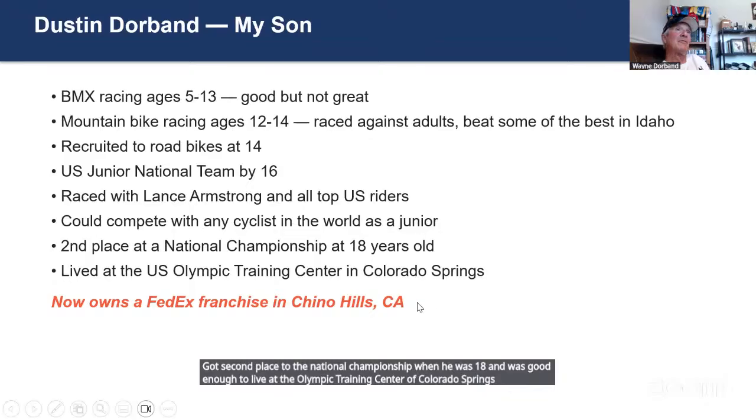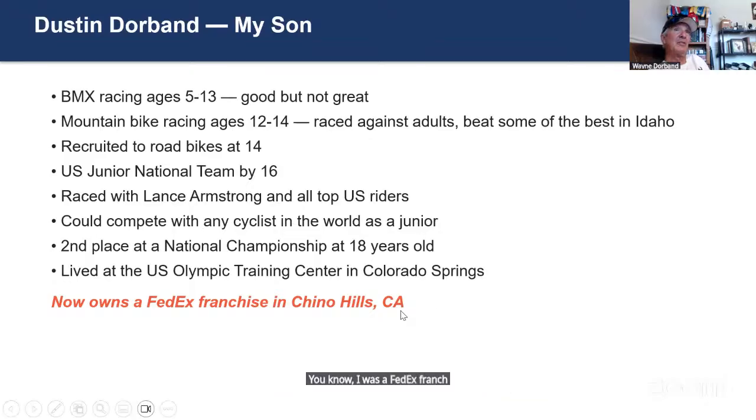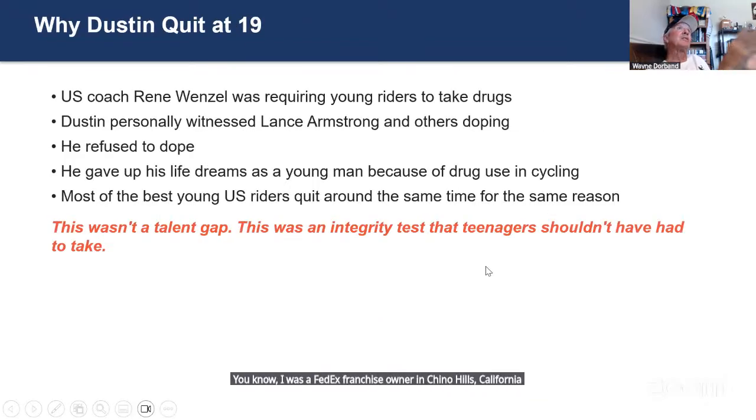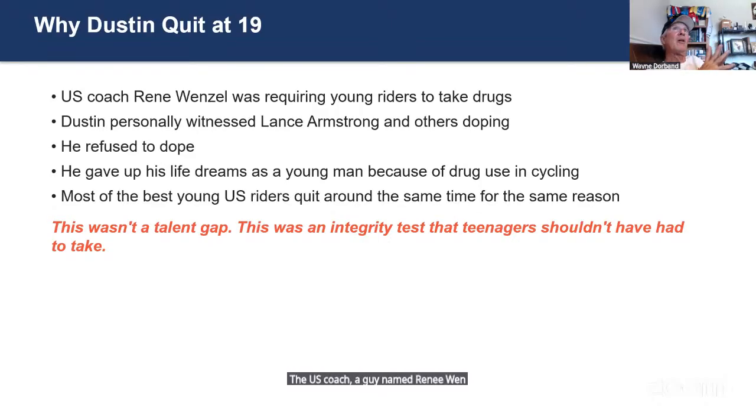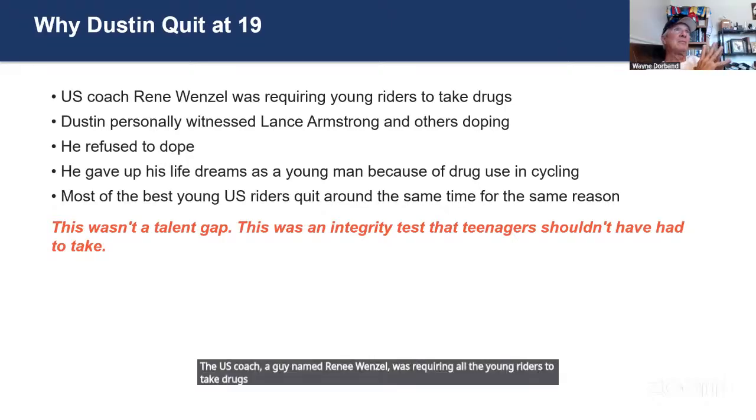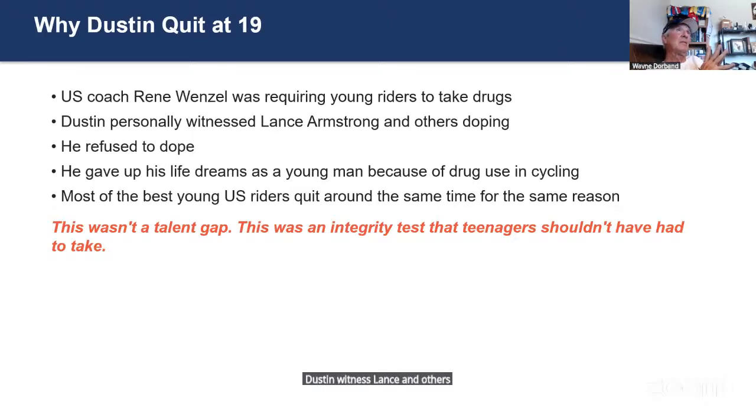He now is a FedEx franchise owner in Chino Hills, California. But here's something that happened that was kind of negative. He quit when he was 19. The U.S. coach, a guy named Renee Wenzel, was requiring all the young riders to take drugs. Dustin witnessed Lance and others doping, and yet he said, no, I'm not going to do that.